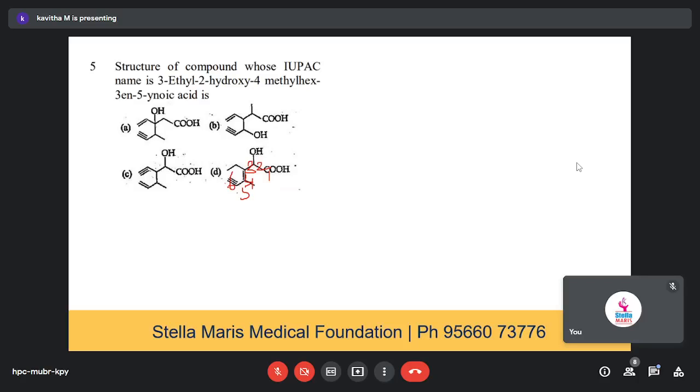So you have 6 carbons, and in the 2 position we have the hydroxy group, in 3 you have the substituent ethyl, and in 4 you have the methyl substituent. The ene double bond is between 3 and 4, and the yne is between 5 and 6. So the answer is D.